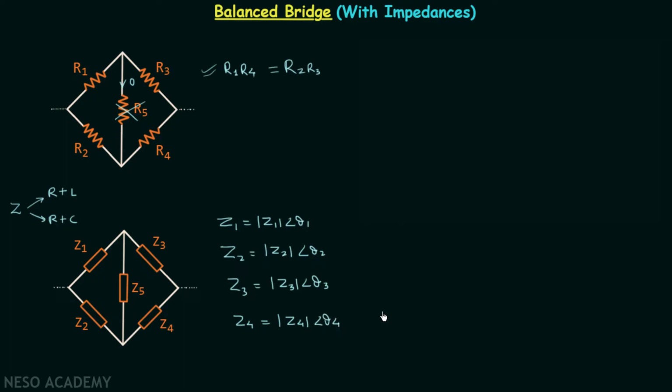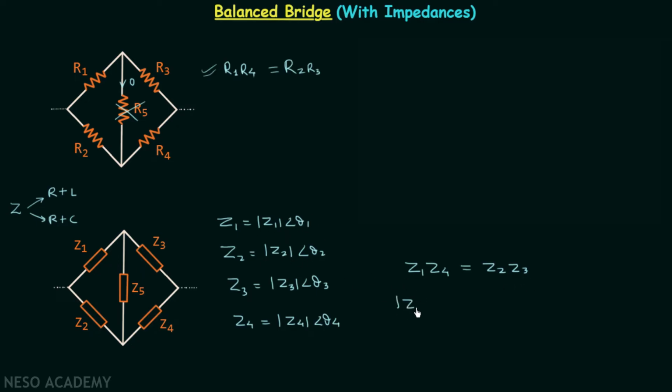Now according to the balance condition, Z1 multiplied with Z4 must be equal to Z2 multiplied with Z3.